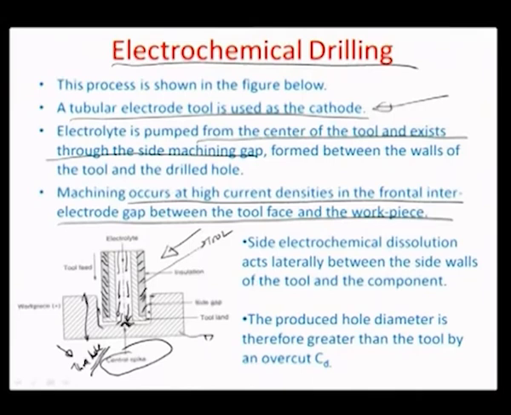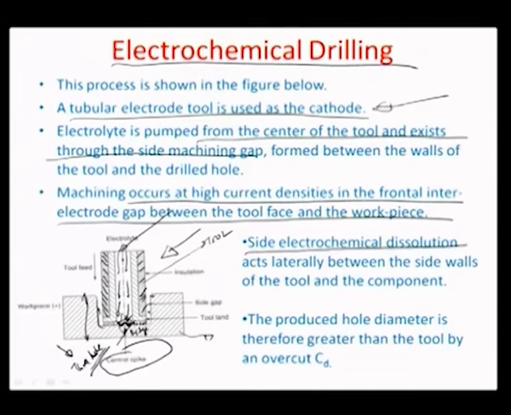This is a place where the fields may not be homogeneous or uniform. The electric fields and the current densities are highest here, and the field reaching here may be smaller in value, and therefore this region is depleted of the overall electric field that it faces. So there is a tendency of this ridge to develop, and that is only because of this coaxial portion made in the tool for the electrolyte flow.